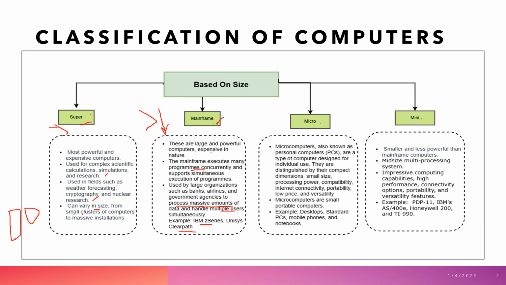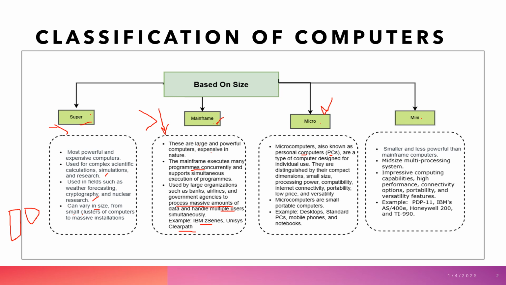The next category we have is that of microcomputers or personal computers, PCs as we know and use them in our day-to-day lives. They are designed for individual use and they stand out due to their compact size and their processing power capabilities. They allow internet connectivity, they are portable in nature, which means that they can be transferred from one place to another.